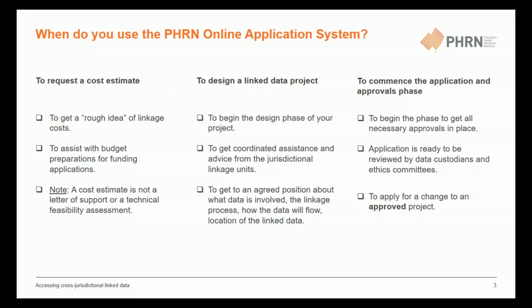It duplicates the information that's already in the form, and then you can request a change, or if you've got a new or modified purpose to the project, or you want to add an additional data set, or you want to apply for a data update of your existing data, that's when you would use the amendment.